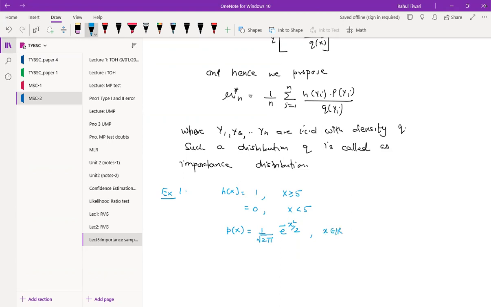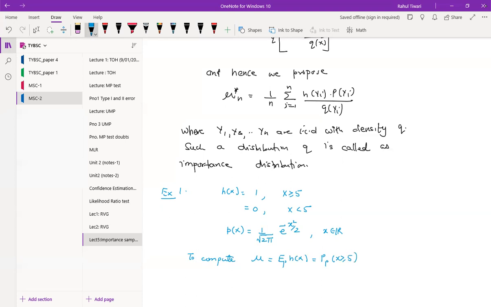The first task is to compute mu, which is the usual definition, the expected value under p of h of x. That means I am interested in computing the probability under p that x is greater than or equal to 5. This is my interest.